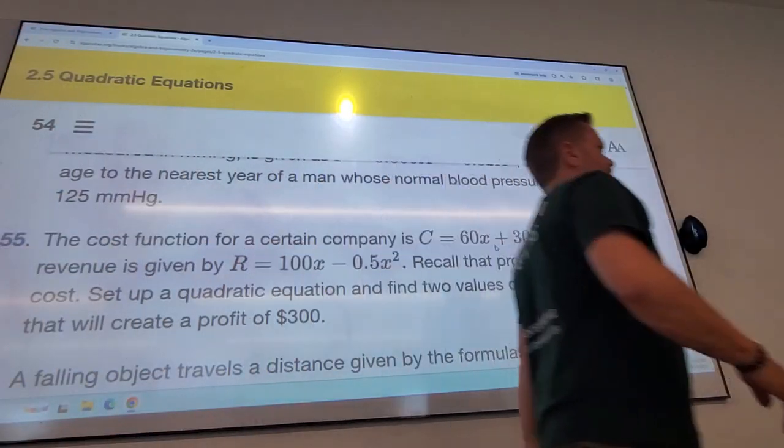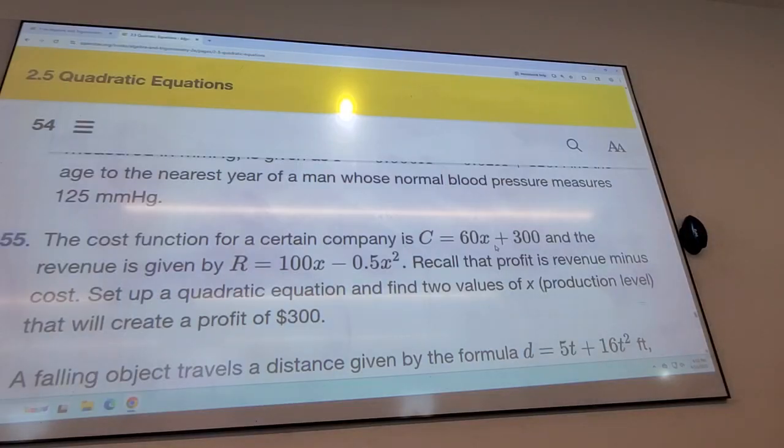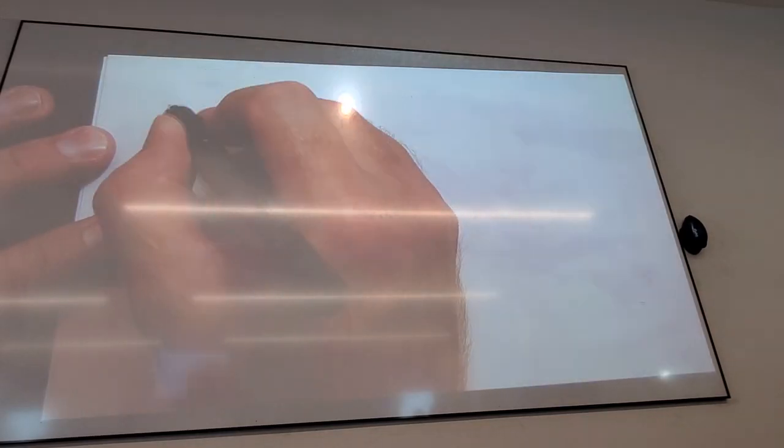Okay, so let's do this. We got a little bit to finish up about quadratics. What I want to do, actually, can you guys just tell me anything that we know about quadratic functions?